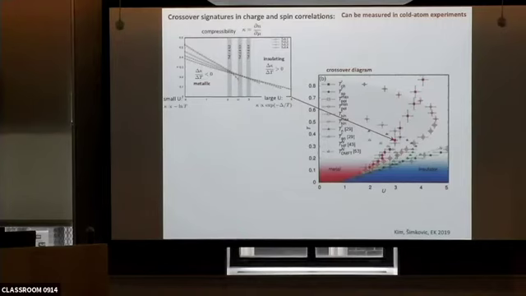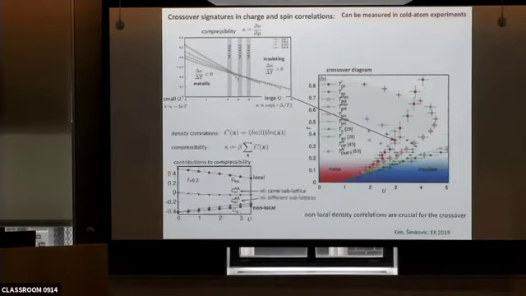So these red points correspond to the points where the derivative changes sign. And we see that that happens quite early compared to all the other processes that I'm going to mention. But it's quite useful to break down the compressibility into local and non-local contributions.